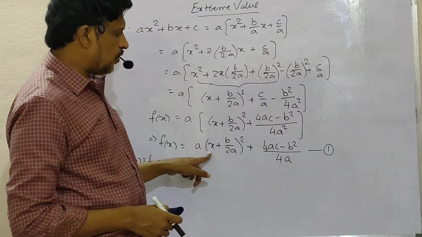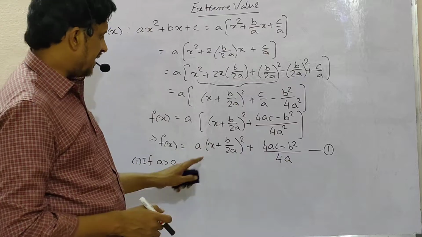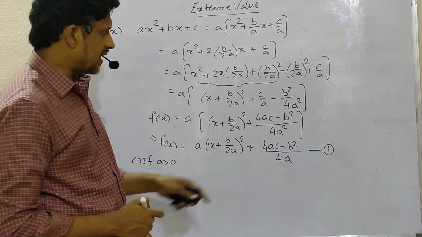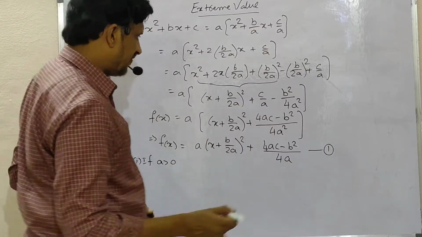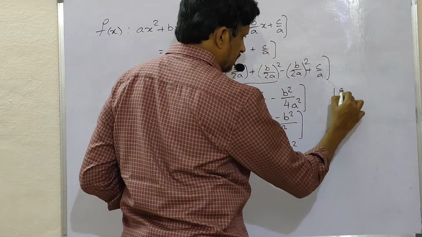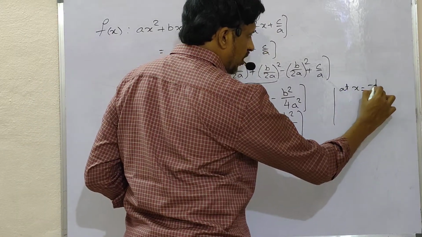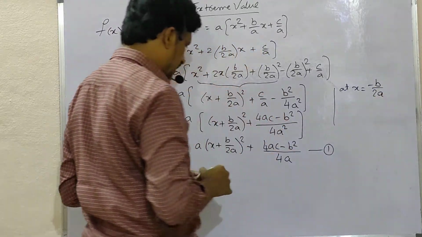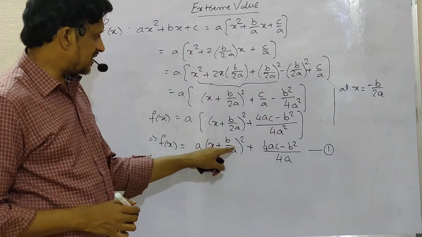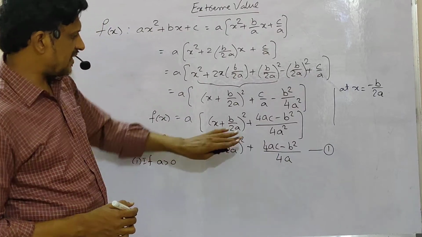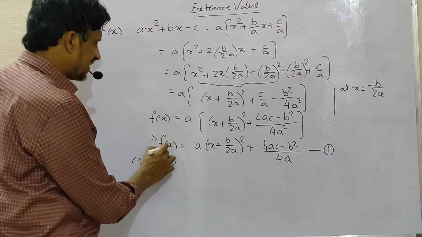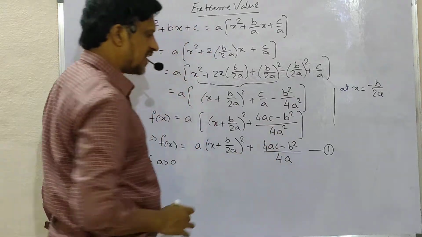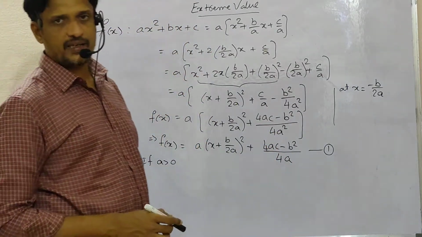If it is 0, for example, at x equal to minus b by 2a, if in the place of x you substitute minus b by 2a, then this will be 0, 0 square is 0, 0 into a is 0. Then f of x is equal to the second part itself, that is 4ac minus b square by 4a.